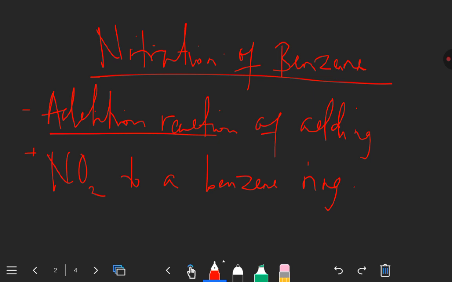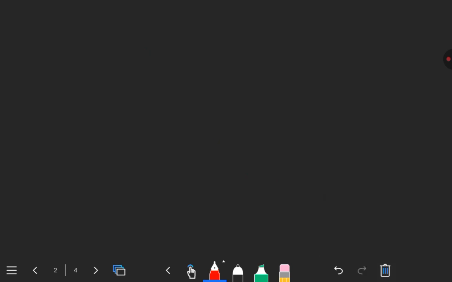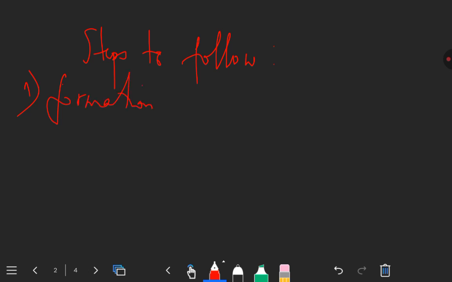So the first step you need to consider when you are doing the nitration of benzene. So steps to follow. Number one, it is the formation of an electrophile.